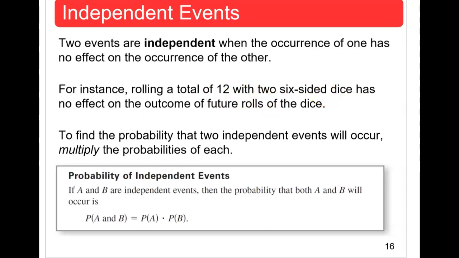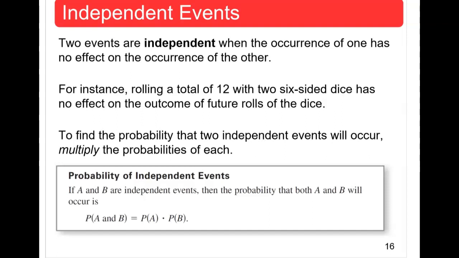Or you could think of tossing 2 coins. Whether you get heads or tails on your first coin, it will not influence the outcome of your second coin. So to find the probability that 2 independent events will occur, multiply the probabilities of each.